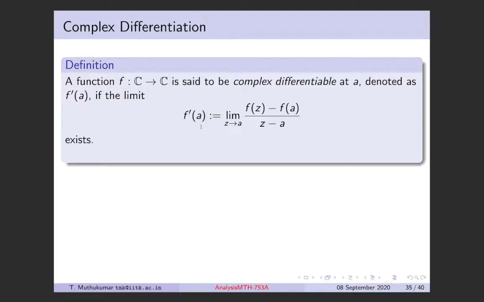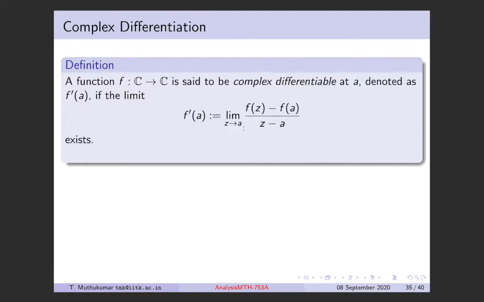The only difference from the real derivative is that in the real case, when you take the limit z going to a, it can either come from the left or from the right. So there are only two possible directions in the real case, whereas in the complex plane, z approaching a has infinite directions, something like in R2.